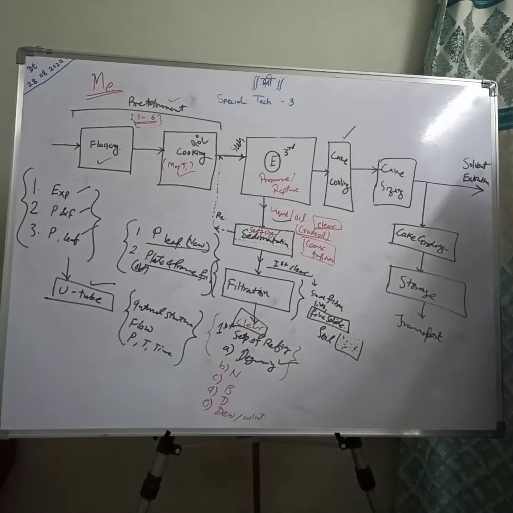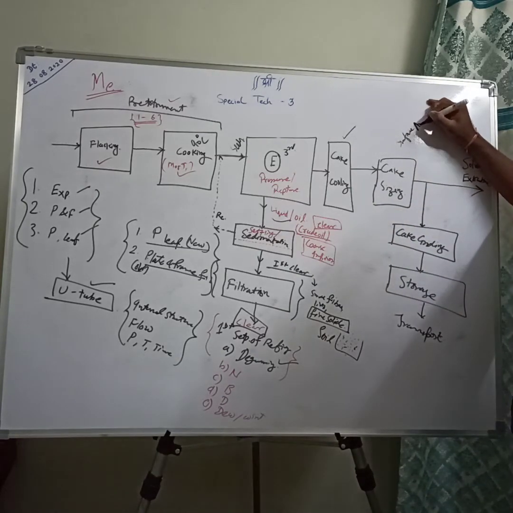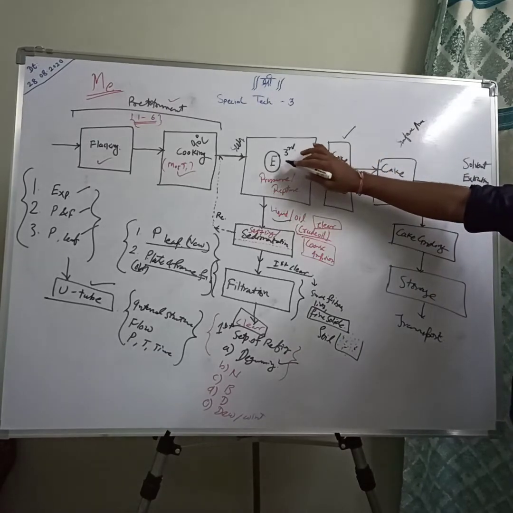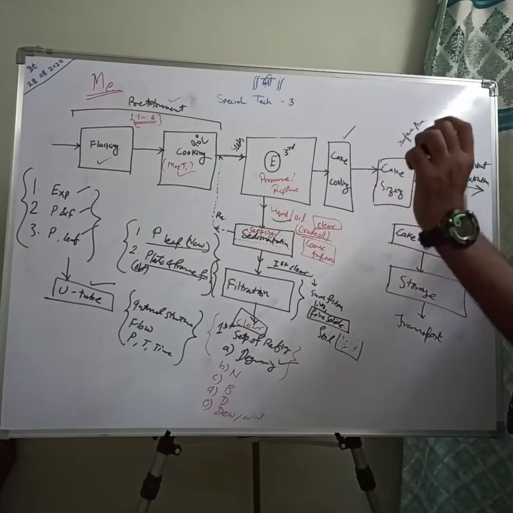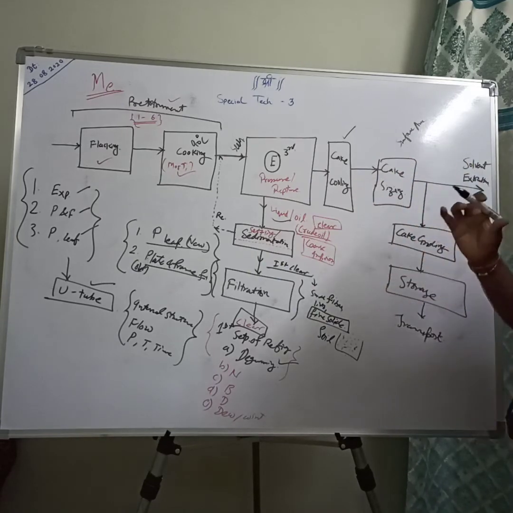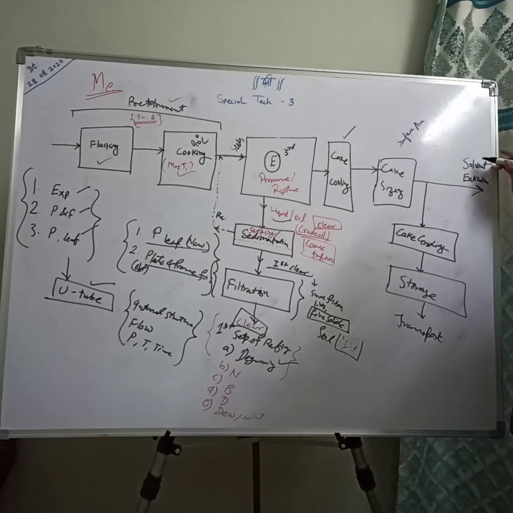Why is cake sizing necessary? To increase the surface area. Because after expression large slabs of oil cake are obtained, and it's difficult to go for solvent extraction.